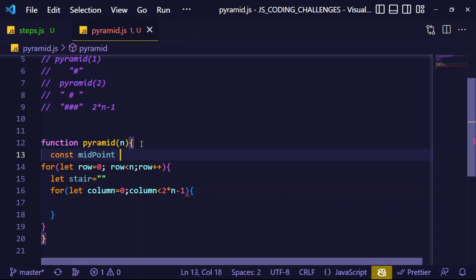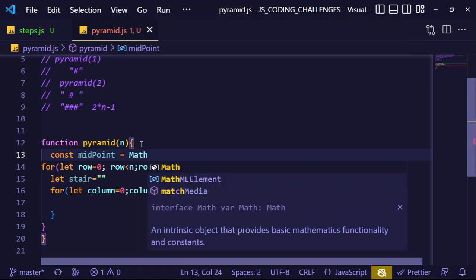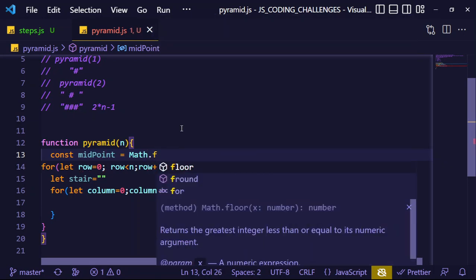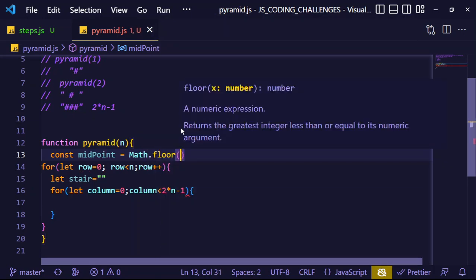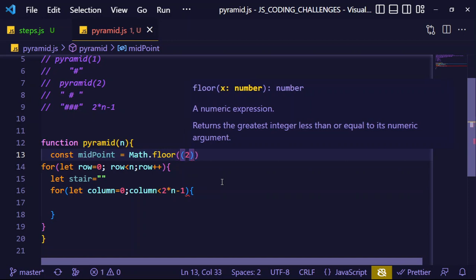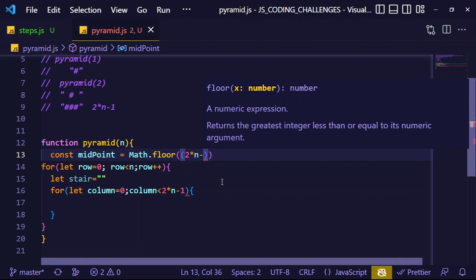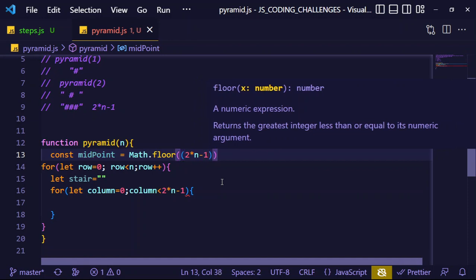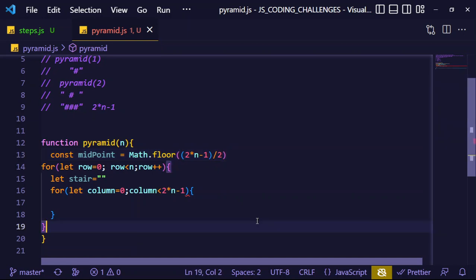Midpoint will be equal to Math.floor of 2 times n minus 1, over 2. So we're going to be finding the midpoint of these columns. Literally the midpoint is the number in between the columns, if I can explain it like that.